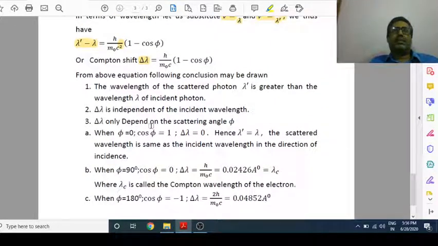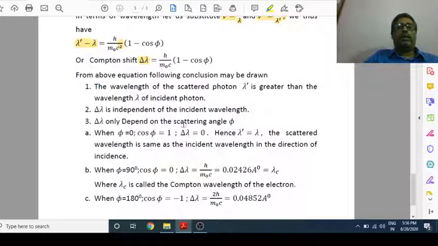Now we can discuss the different possibilities. You can see del lambda, the Compton shift. Here there is no term of lambda, the incident lambda is not here. So the Compton shift does not depend upon the incident wavelength.